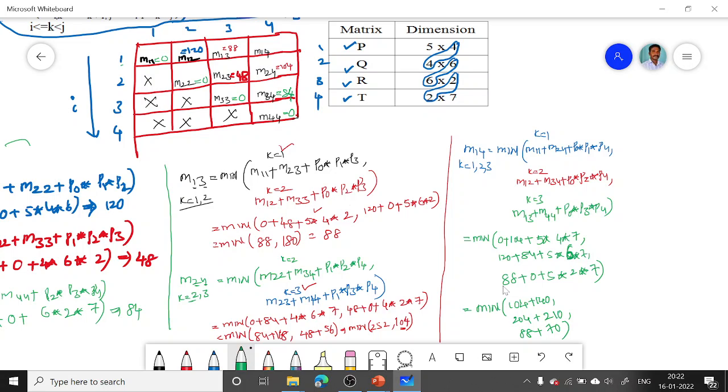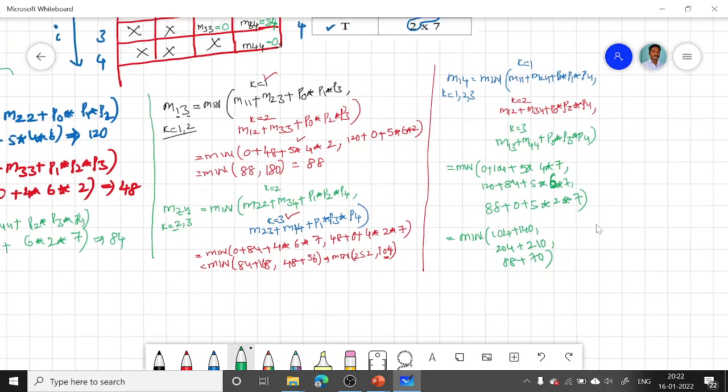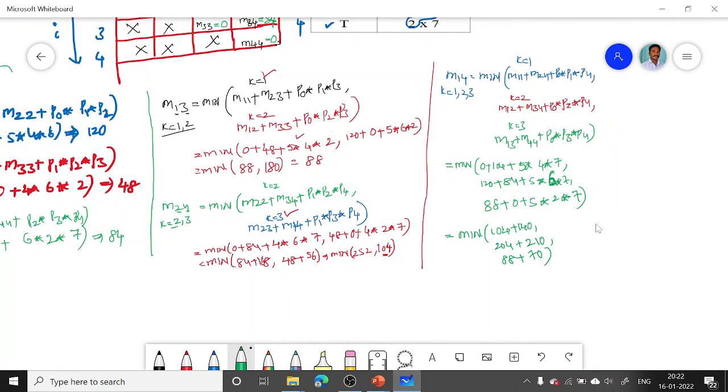Okay, so once again you will find the minimum of: 104 plus 140, nothing but 244, comma, here we have 414, comma, here 158.